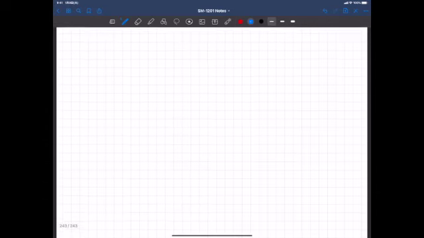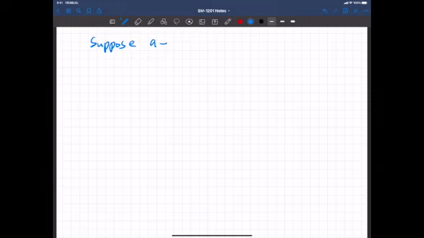Okay, so suppose A is an element of upper bounds of S. So this is the set of upper bounds.